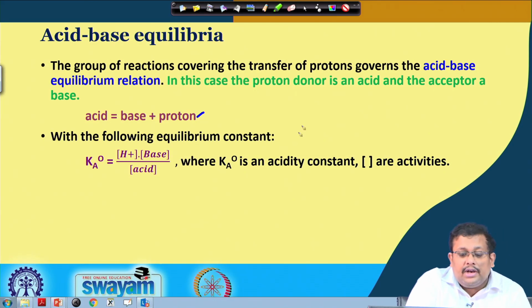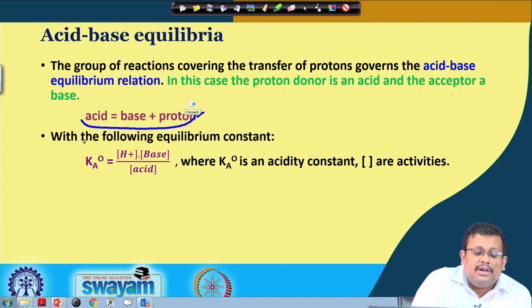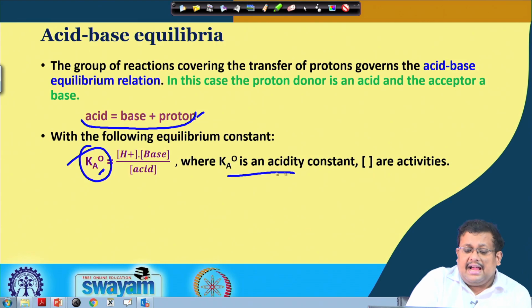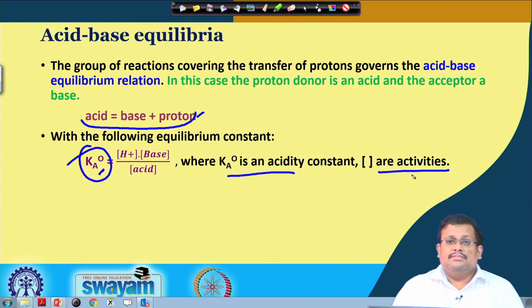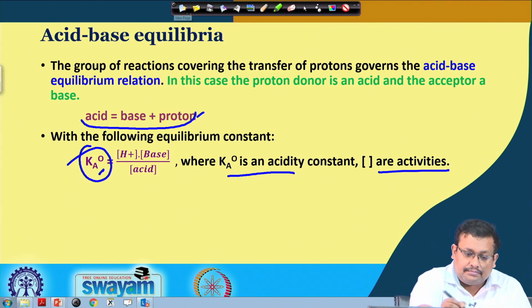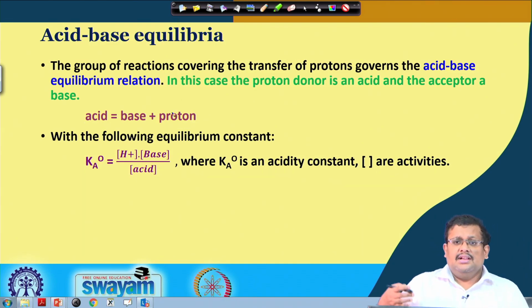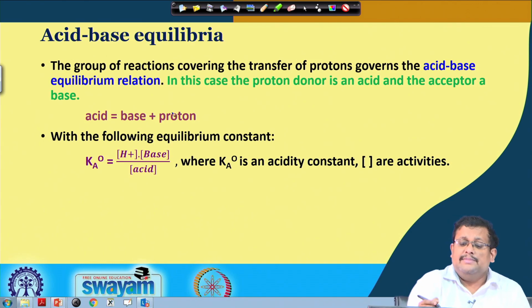This reaction comes with the following equilibrium constant, K0, which is denoted by this ratio, where this K is the acidity constant and these parentheses denote the activities. So, this is basically the representation of acid base equilibrium.